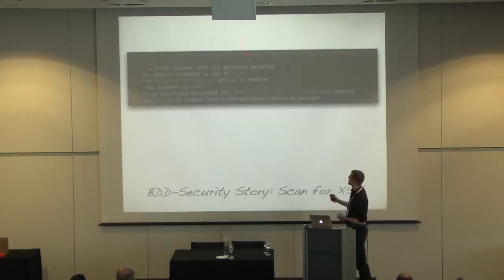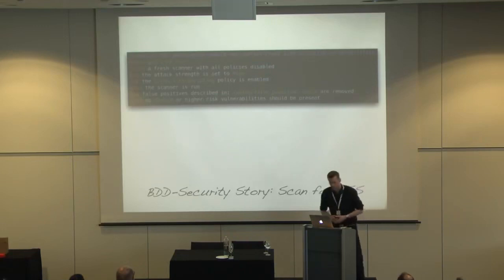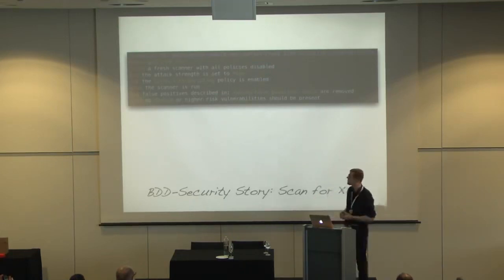Basically, this is what such a story looks like. Given a fresh scanner with all policies disabled, and the attack strength is set to high, and the cross-site scripting policy is enabled, so you can define certain policies to scan only certain aspects if you like. When the scanner is run and false positives, that's an interesting point, are described here in a table, are removed.